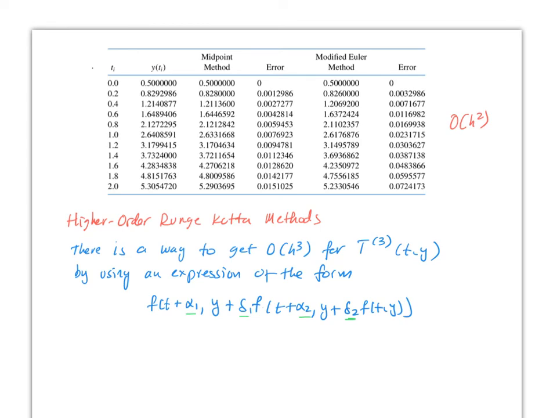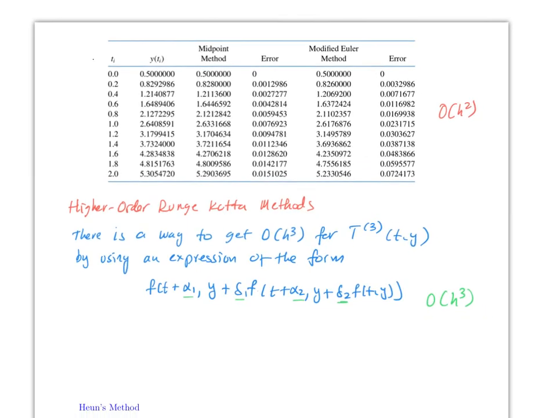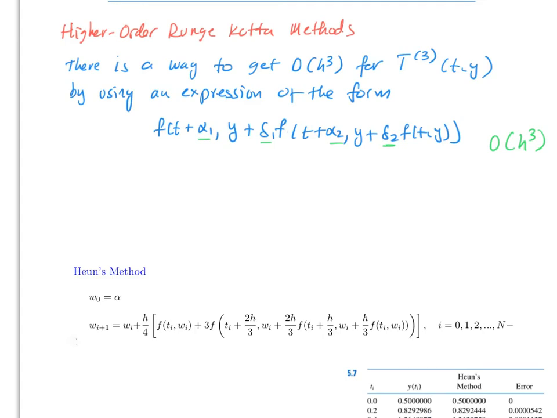The most common method of O(h^3) is called Heun's method. Again, the algebra required to get this is very, very messy, but if you are up to the challenge and you are pretty bored and you have nothing else to do for a few hours, then you should give it a try.